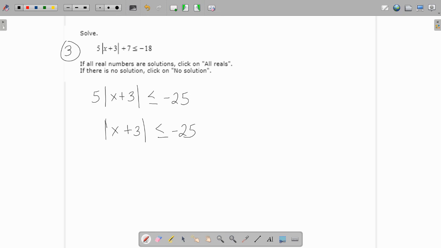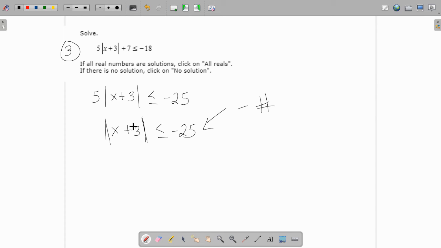Okay, I'm going to save you a lot of work here. Whenever you isolate an absolute value, if you get a negative number, it automatically tells us you can't take an absolute value and be smaller than a negative number because the absolute value is always positive. I mean, it could be zero, but it's always zero or positive.